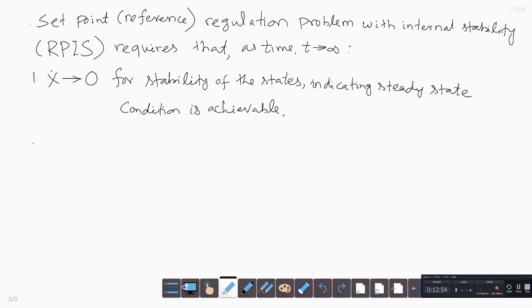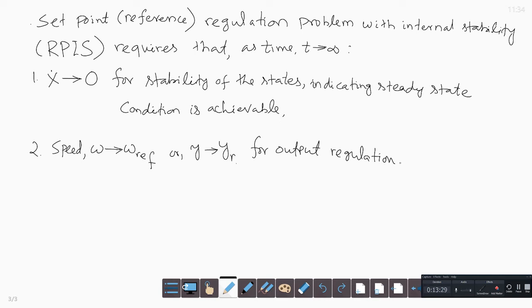And second, speed omega approaches omega reference, or we can write y approaches yR, for output regulation or speed regulation. These two conditions must be satisfied so that stability is obtained and desired speed regulation is obtained. This is the regulation requirement of the regulation problem with internal stability.